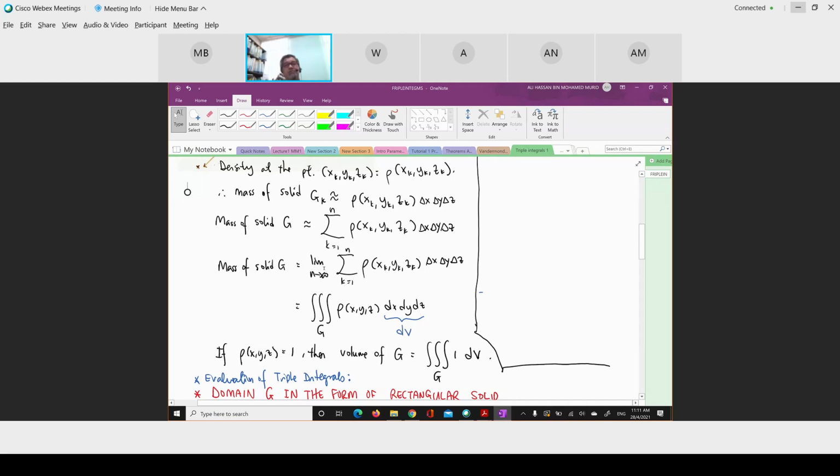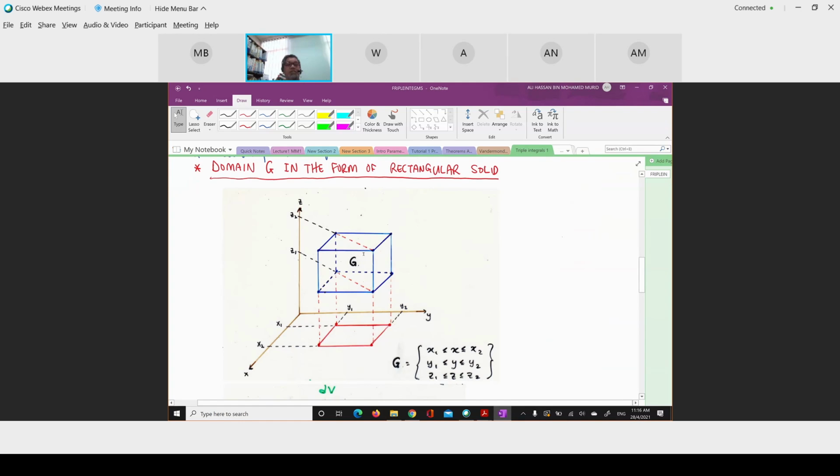This is an illustration of a rectangular solid G. G has many points x, y, z, but all the points are bounded by some numbers here. So z is bounded between z1 and z2, x is bounded between x1 and x2, and the y coordinate is bounded between y1 and y2.